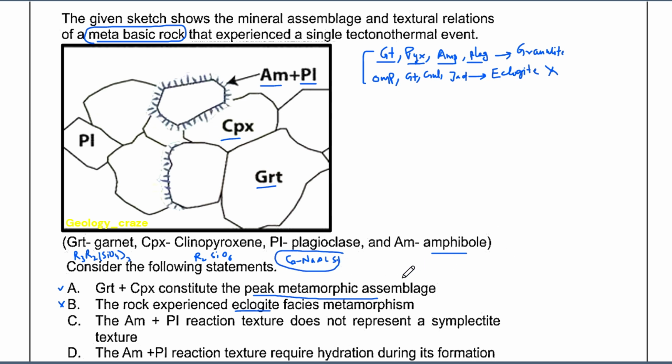In amphibole we have a formula. If I don't know the formula, no problem. What I need in this question is that in the amphibole formula we have OH, F, Cl. Sorry, OH.